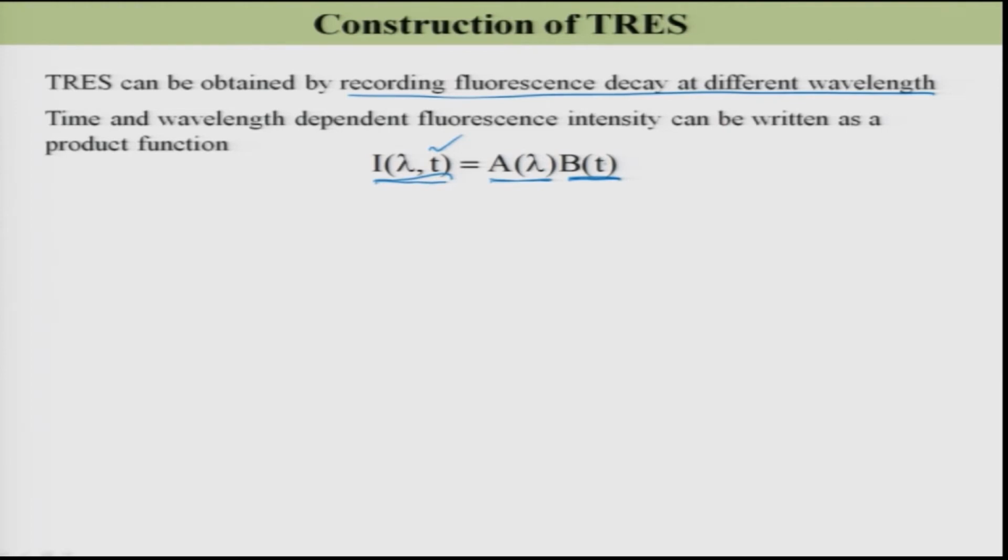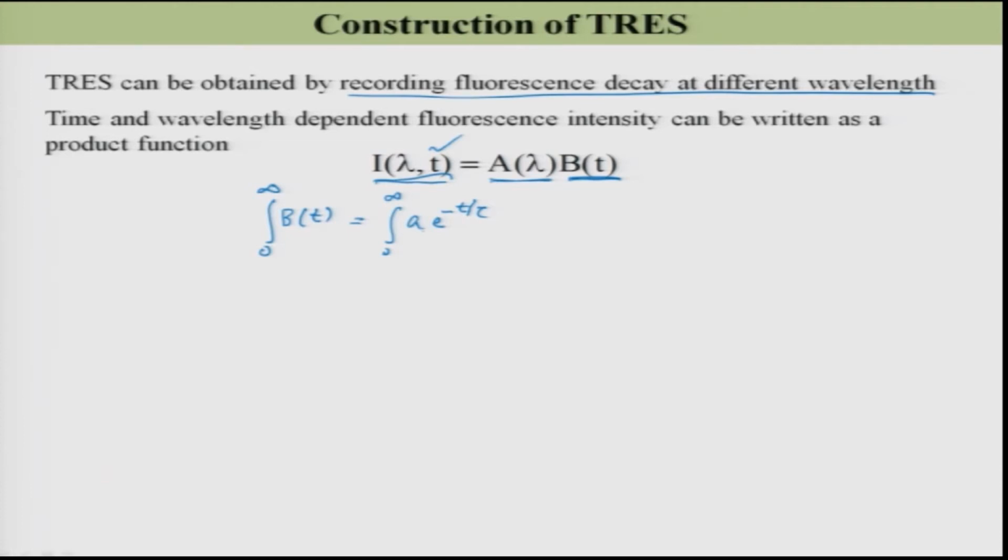Okay. Earlier I showed you that this b t is exponential in nature. So, if I integrate this b t over 0 to infinity, that means the full time region, then what I am going to see is the integration from 0 to infinity of A e to the power minus t by tau, where A is its amplitude. It may be 1, it may be 100, it may be 1000, depending on the initial fluorescence intensity.